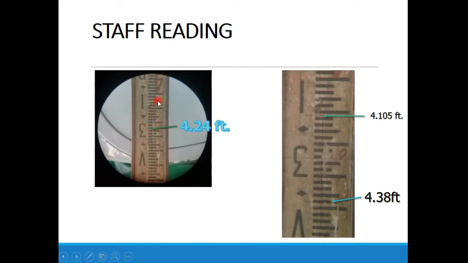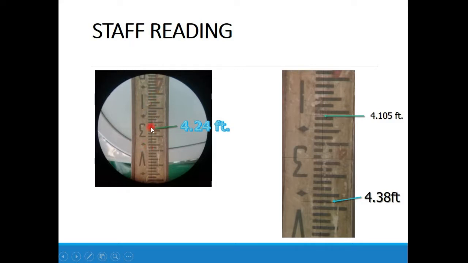So you have 4, then 0.2, so 4.2, and for the 100th reading we have 4.2, then you have the white mark as 1, then 2, 3, 4. So the reading is supposed to be 4.24 feet. So it is 4.24 feet from here.